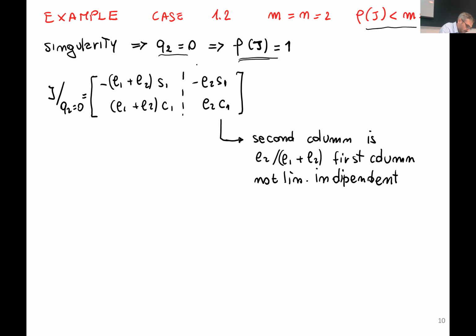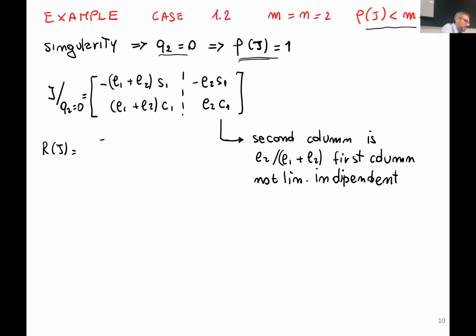So if we want to compute the range space, how does the range space look in this case? We want to represent all the columns with one vector.